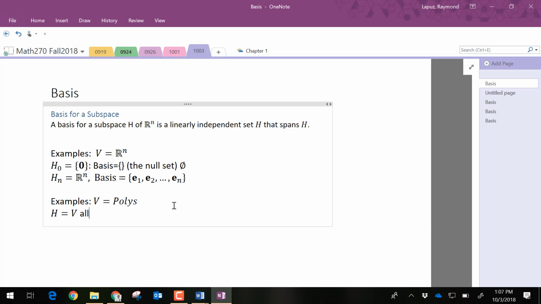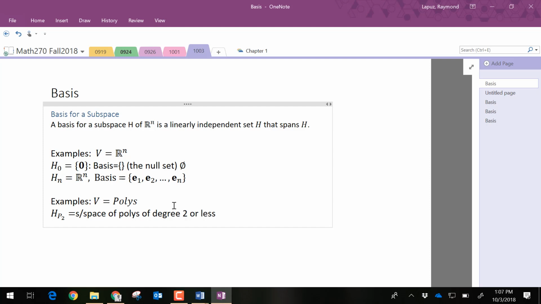I'm sorry. Maybe before we do this, let's talk about the smaller subspace that we did find. So let's call this H sub P sub 2 to be the subspace of polys of degree 2 or less.